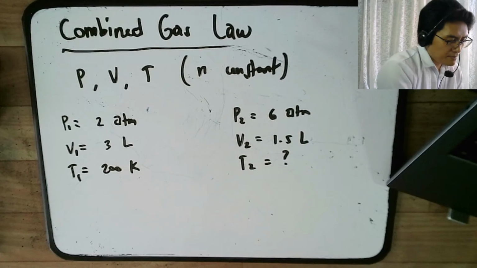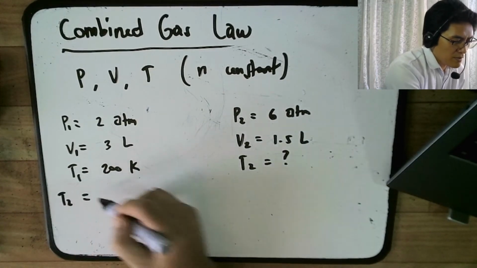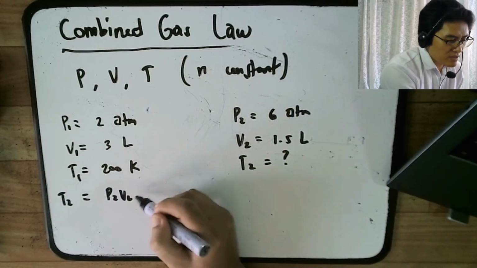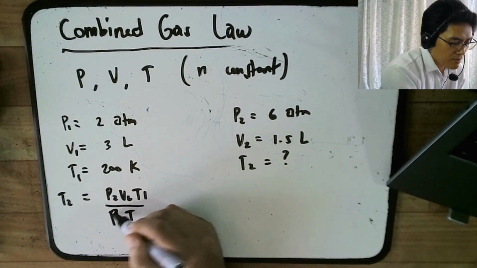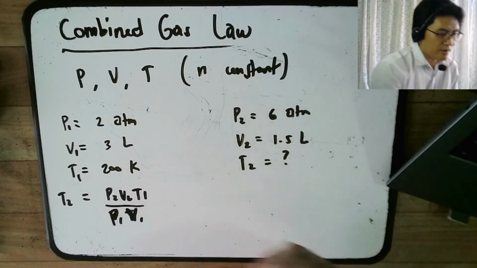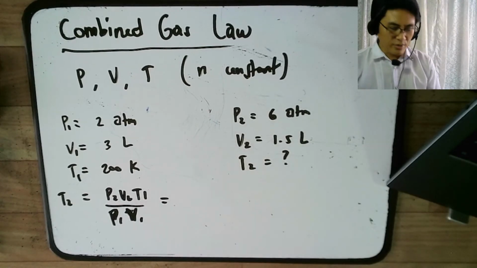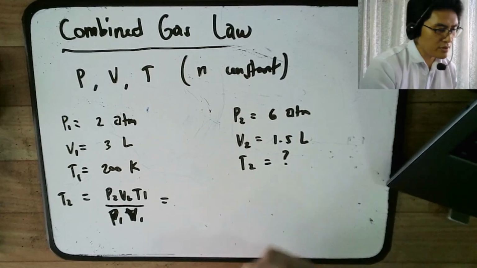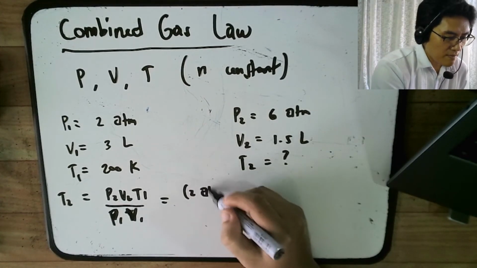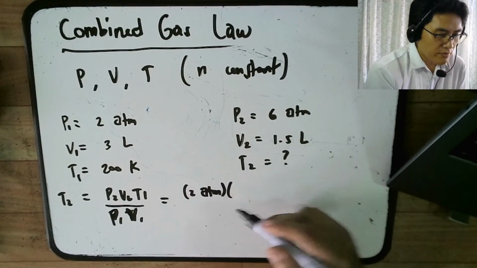So again, T2 will be P2V2 times T1 divided by P1 times V1. And all you got to do is obviously substitute the values. So you have 2 atm times the volume.